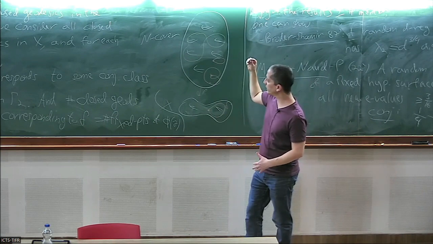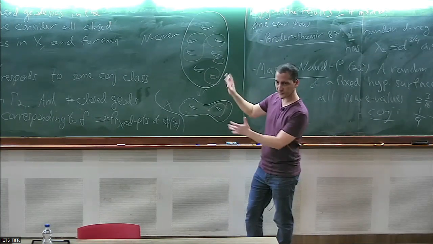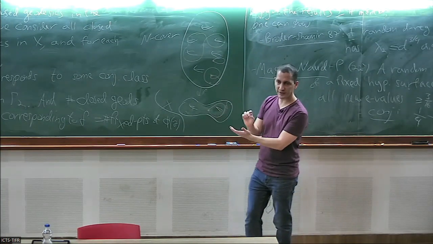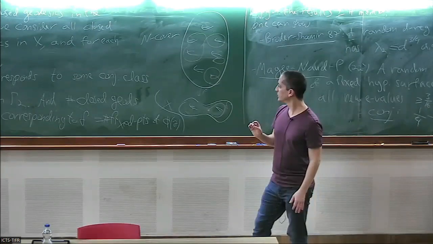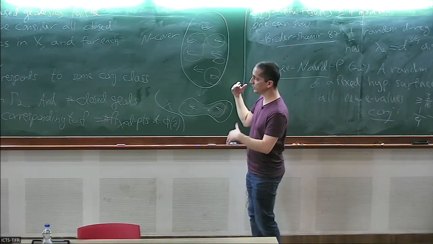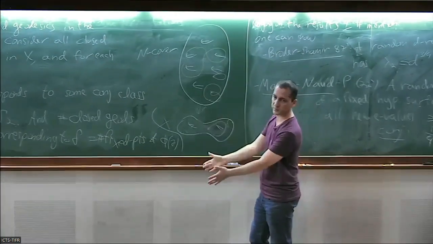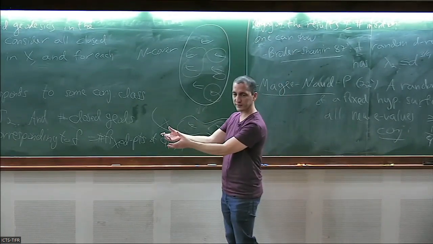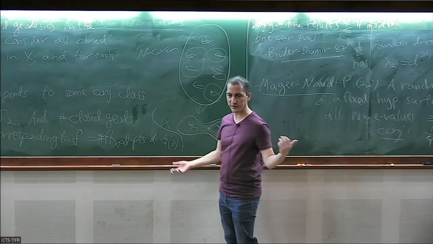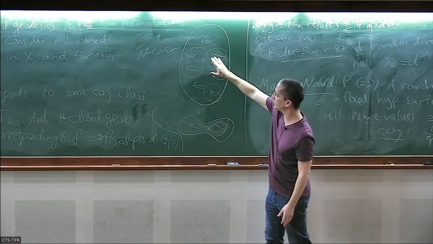You get a function on all closed geodesics that depends roughly only on the length of the geodesic. We use this dictionary to translate the problem about eigenvalues of the Laplacian to questions about closed geodesics.